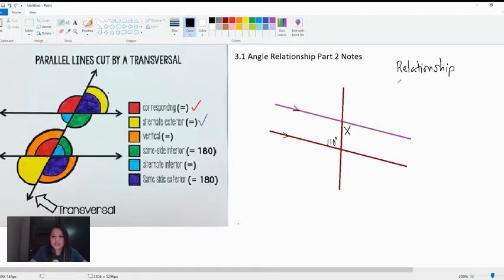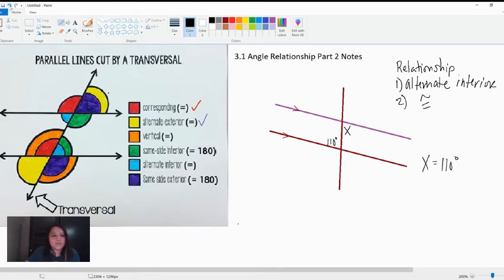So the relationship is alternate interior angle, and we know that alternate interior angles are congruent, or equal. So when we solve for it, this has to also be 110. So x is equal to 110 degrees.